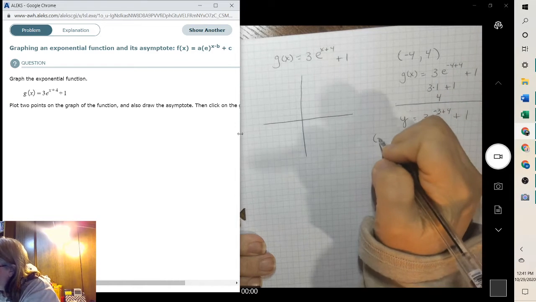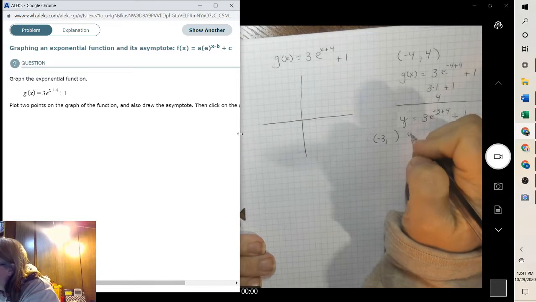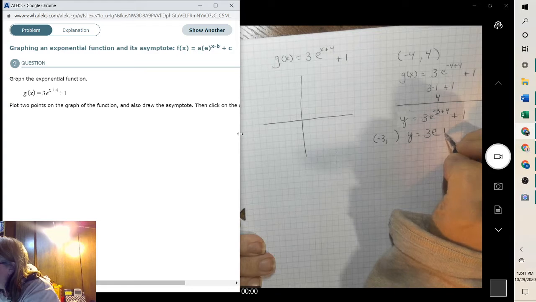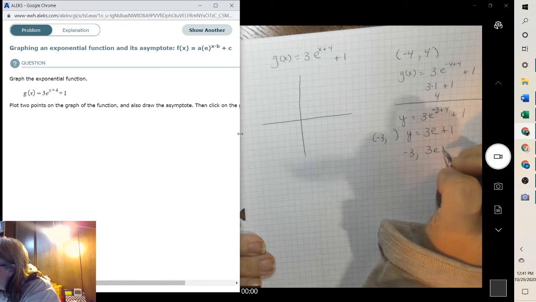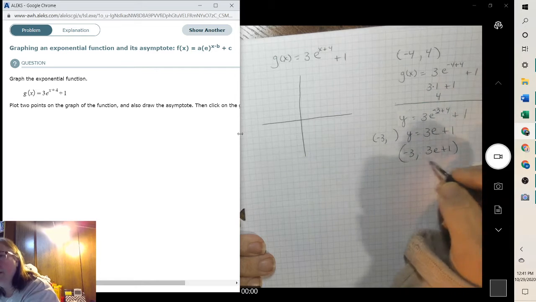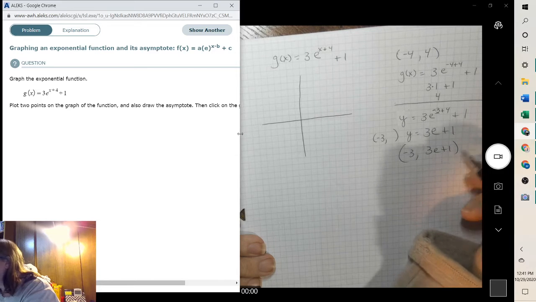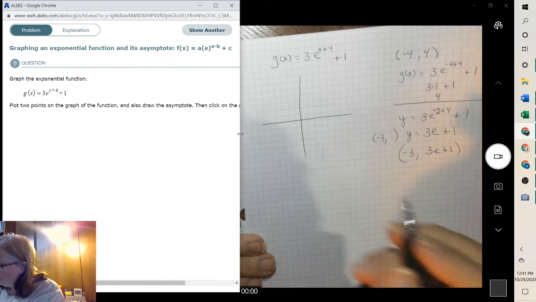So we're going to find the point -3. Because then we have y equals 3e plus 1. And that's how Alex wants you to type it in. E is 3 point something, so this is about 9, which is around 10.